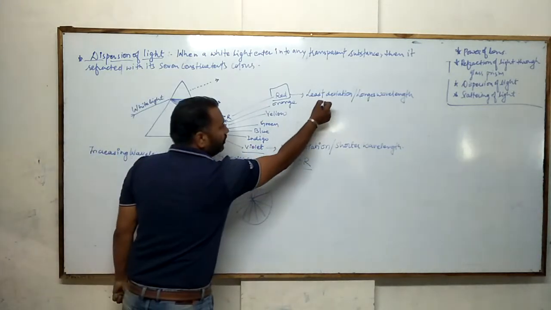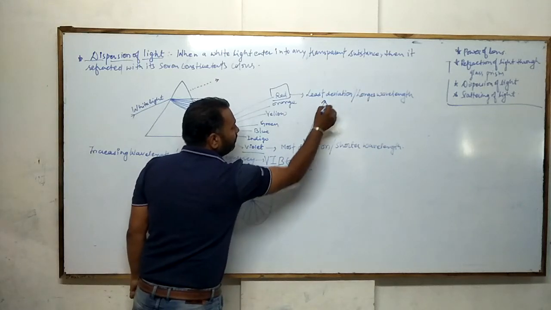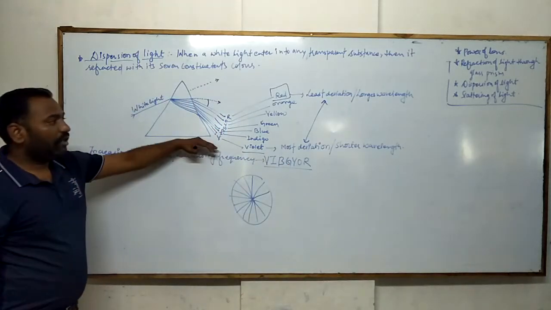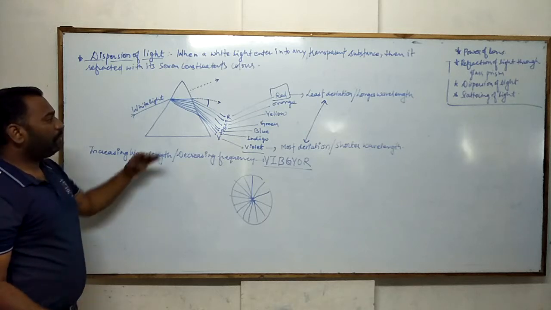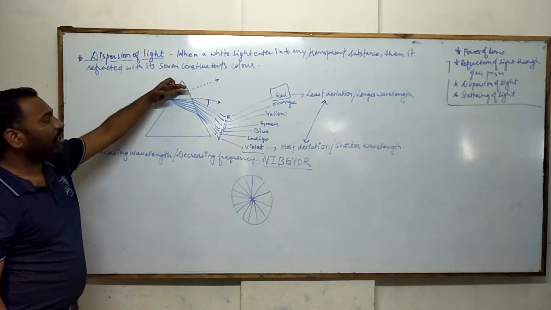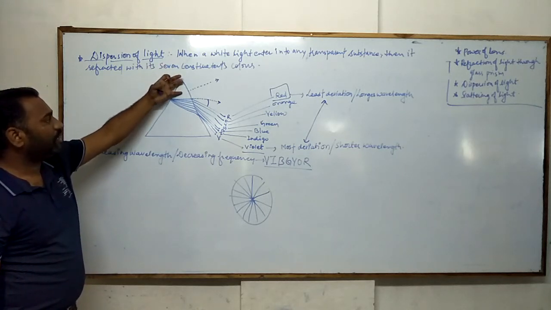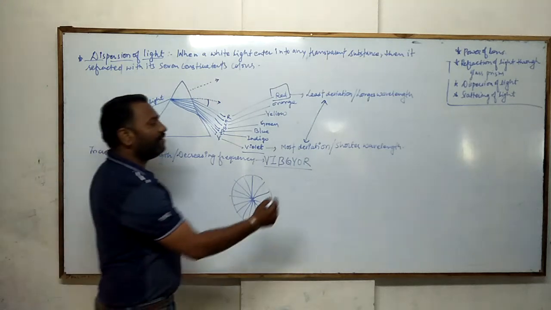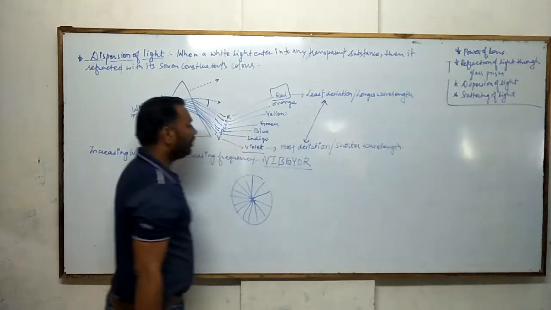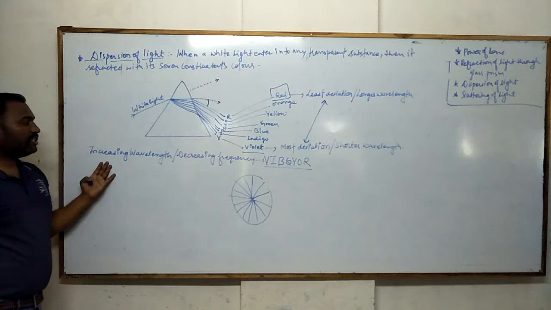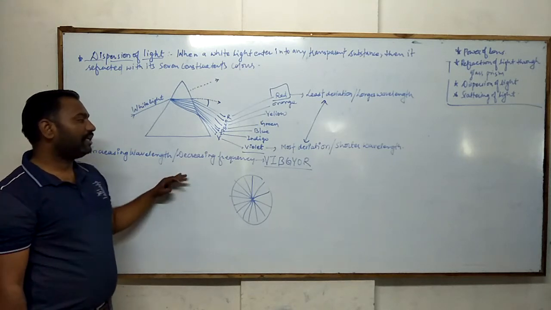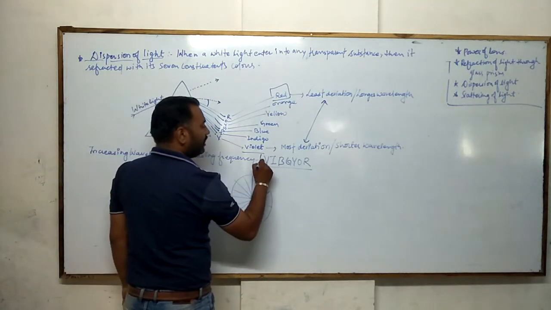The difference between least deviation and most deviation is that violet light has some problems propagating through transparent media, so it has a shorter wavelength. If wavelength is increasing and frequency is decreasing, this will be the position.